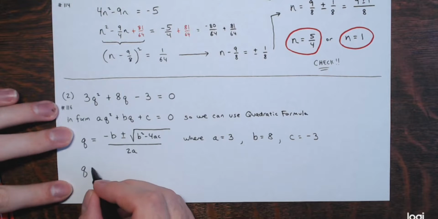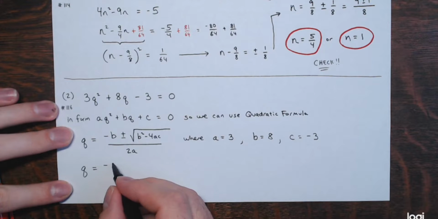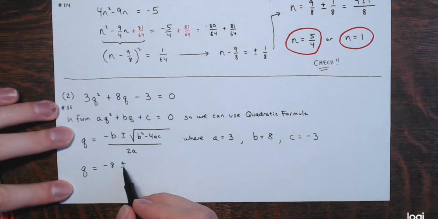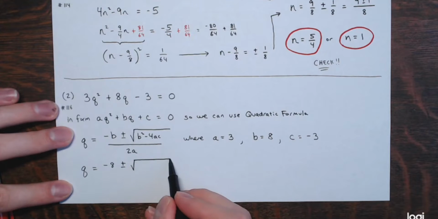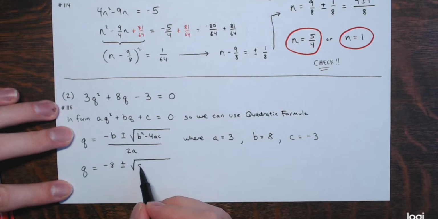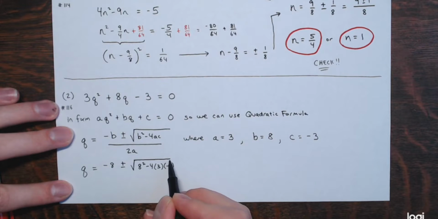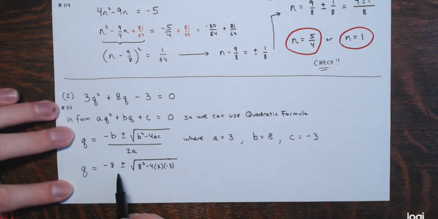So q equals, the opposite of 8, so this is negative 8, plus or minus the square root of 8 squared minus 4 times 3 times negative 3, right, 4ac, and then all of this divided by 2 times a.